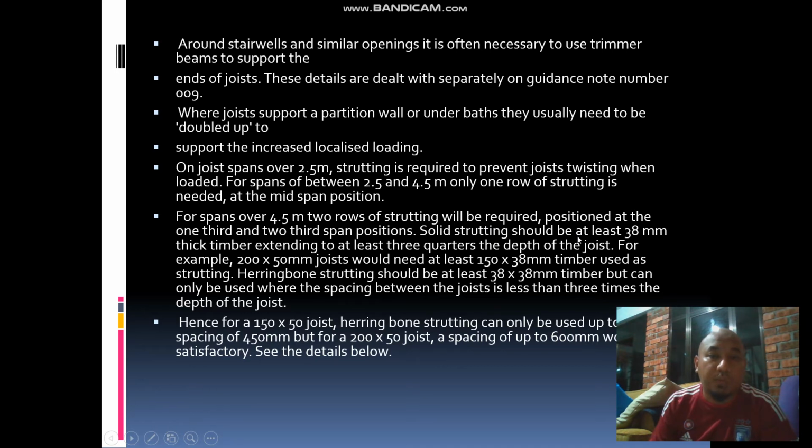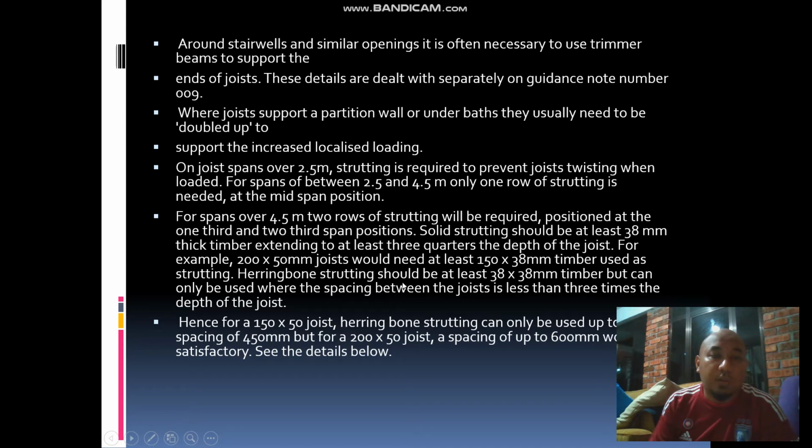Solid strutting should be at least 38 mm thick timber extending to at least 3/4 the depth of the joist. For example, a 200 by 50 mm joist will need at least 150 by 38 mm timber used as the strutting.